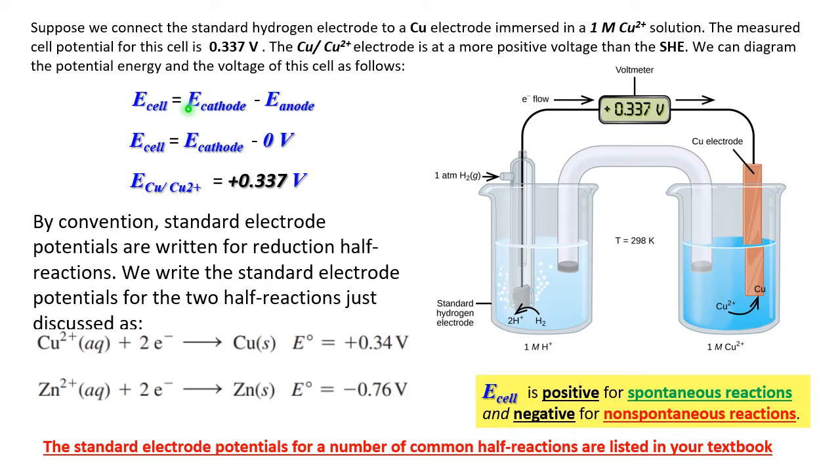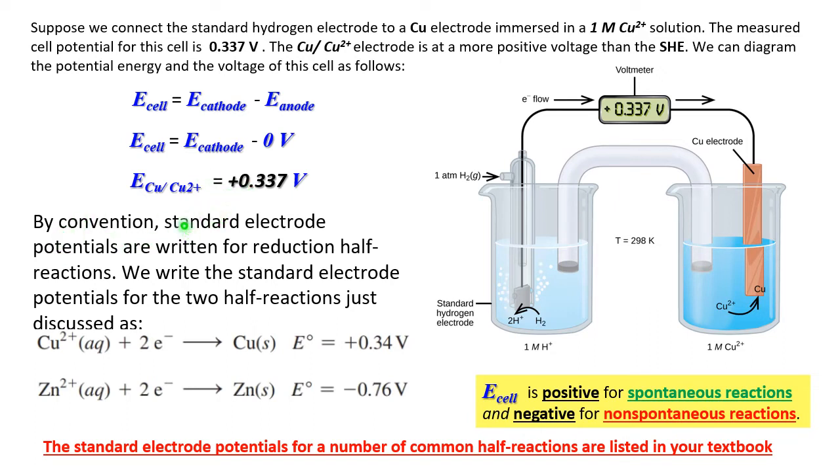Voltage of cell is potential of cathode minus potential of anode. In this case, our anode is hydrogen electrode because current is going from here to there. So our voltage is simply potential of our Cu2+ electrode, and it's positive number.